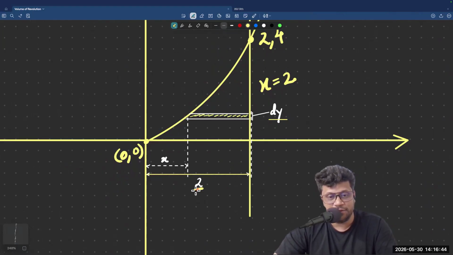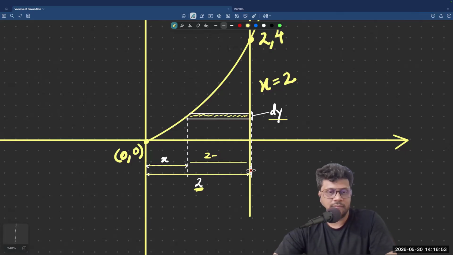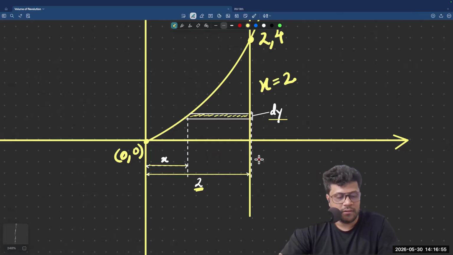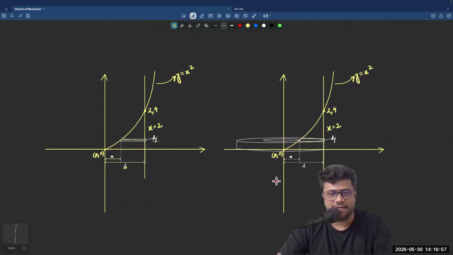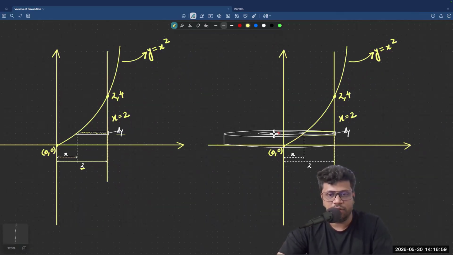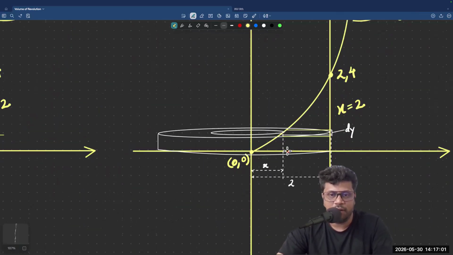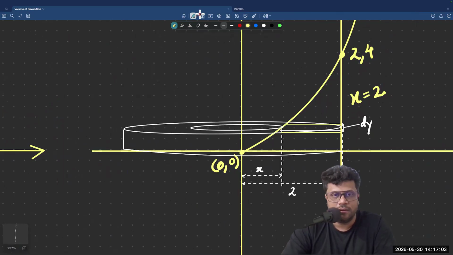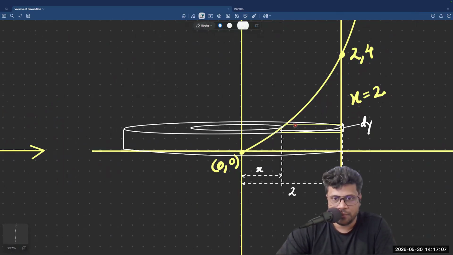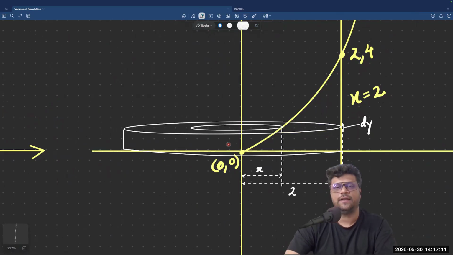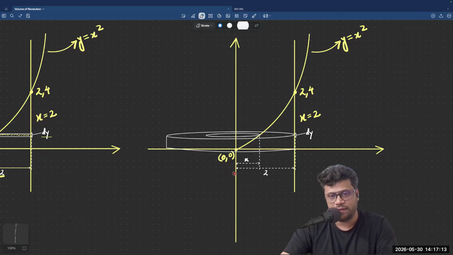This entire length is 2, this length is x, and that is why this length is 2 minus x. Now, what is the cylinder that you're going to get when you rotate this strip? Something like that is what you're going to get.